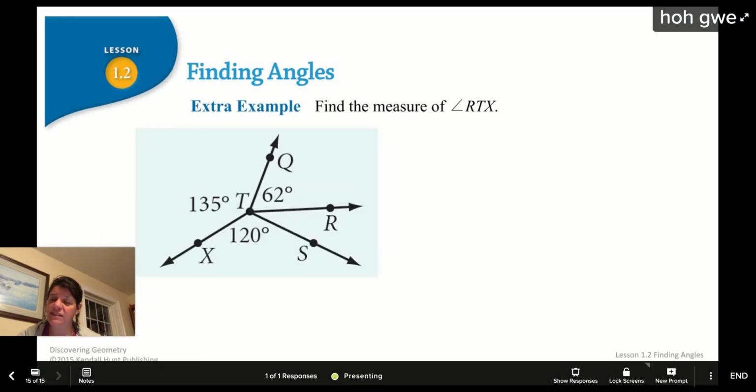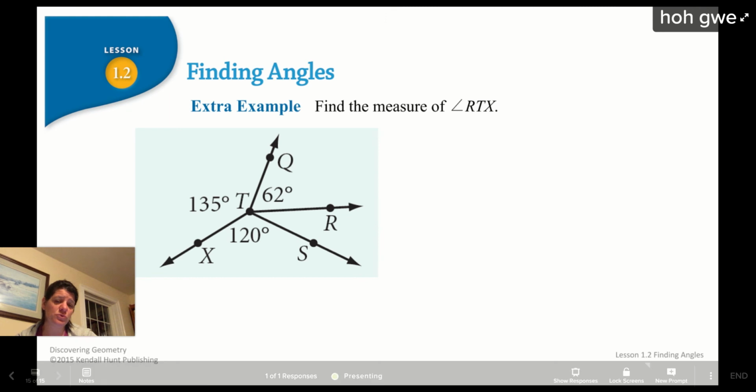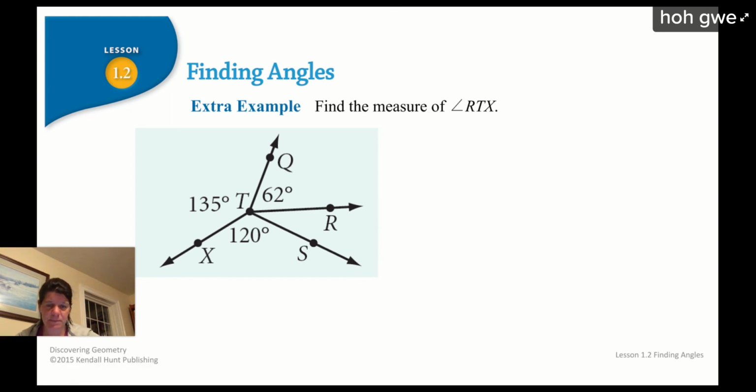Okay, last example for this, I would like you to find the measure of RTX. So what we can do here is we have all together, these make a circle.